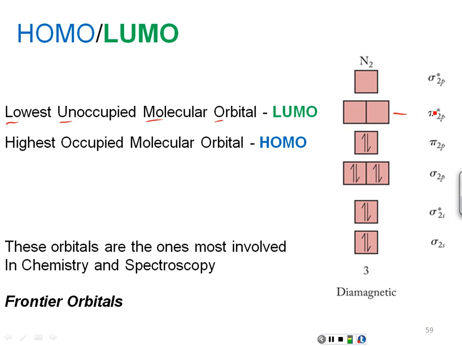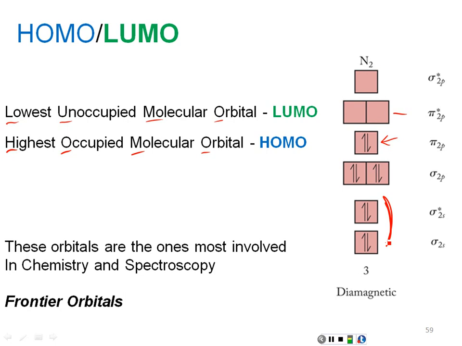HOMO stands for highest occupied molecular orbital. So the highest energy orbital that has electrons would be pi 2p. Now, why are these terms important? Well, these orbitals are the ones that are generally involved in chemistry and in spectroscopy. The electrons down here are very low energy, and they really aren't going to interact.